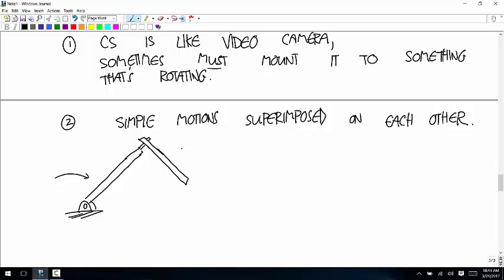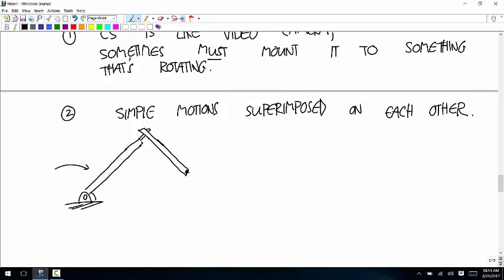And you're trying to figure out what's happening with this point here. Those are two simple motions: circular motion at this point, a circular motion at that point.